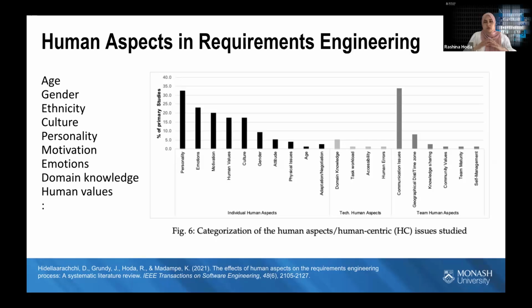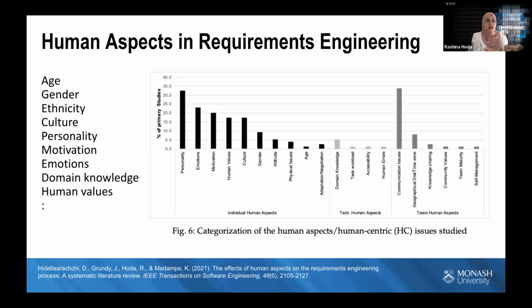And what we did was we did a bit of research on understanding how well human aspects, especially of users, have been considered in requirements engineering. So when you're designing a system, do you just talk about this abstract idea of a user, or do you actually break it down and say, well, for our product purposes, the age range of the user is such and such, for instance, or we need to have specific features that cater to older age groups or younger age groups, and content that needs to be appropriate to children and all of that.